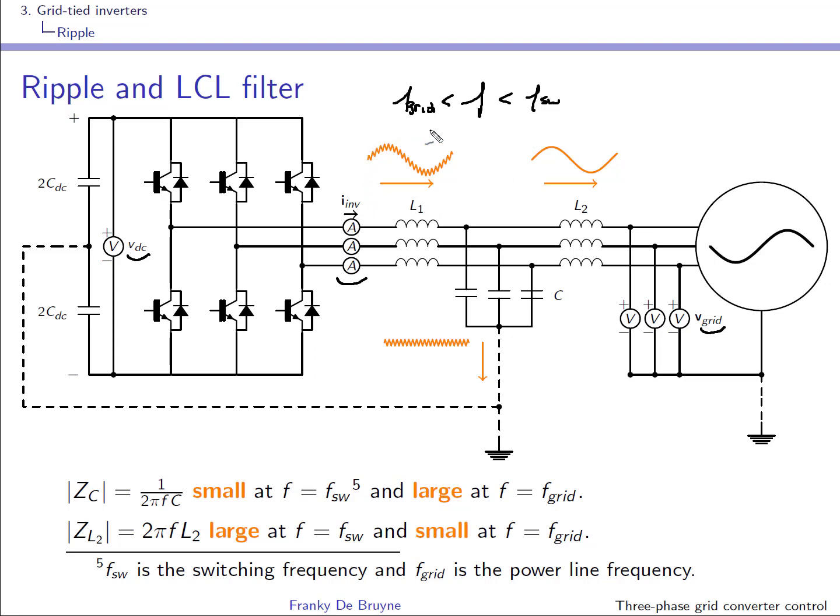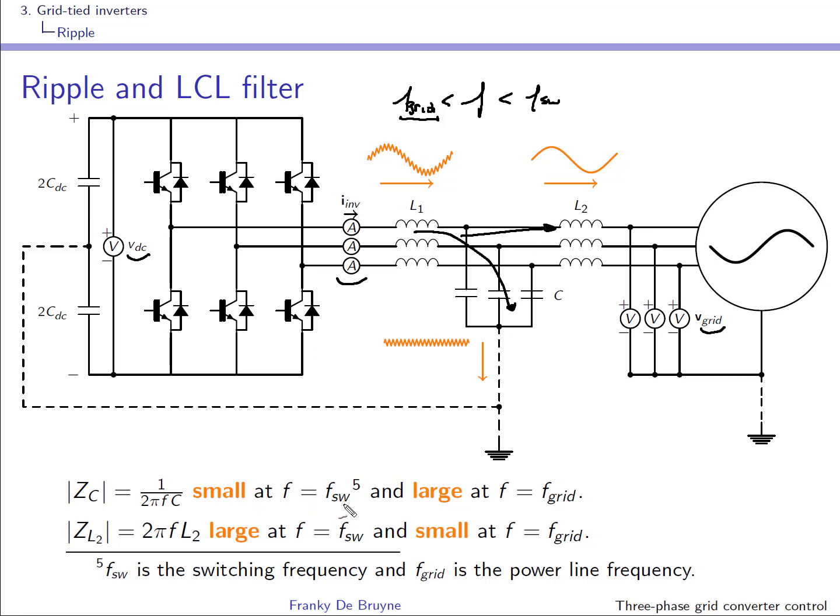So the current waveforms that are produced are looking like that. You have a component which is at the grid frequency and a high frequency ripple which is at the switching frequency, and we have designed an LCL filter such that the path that is taken by the ripple will go like this, and the path that is taken by the component at the grid frequency will go like this. Why is that?